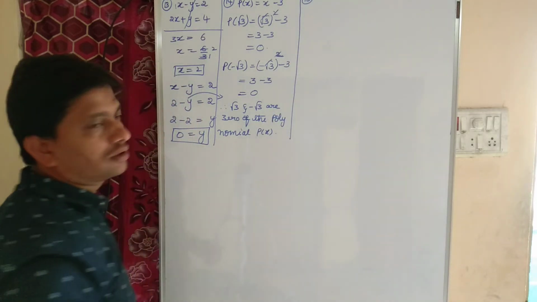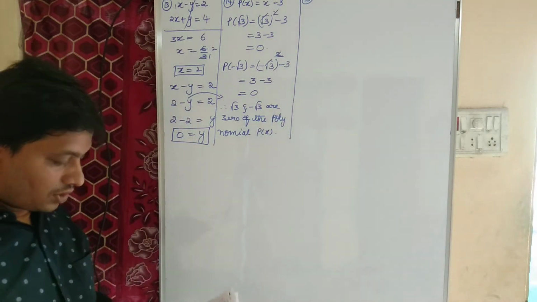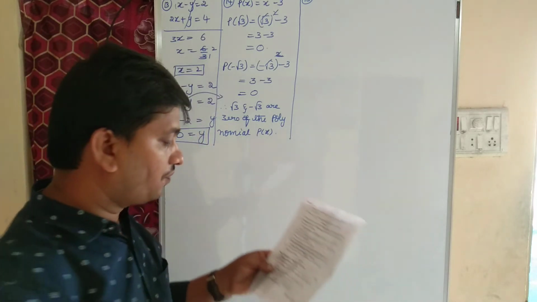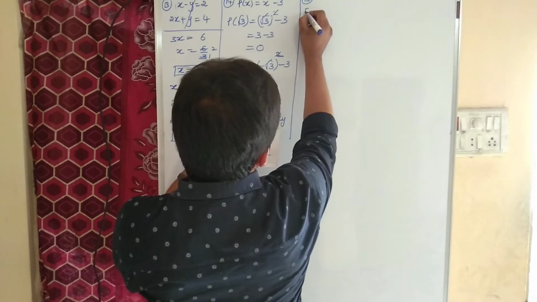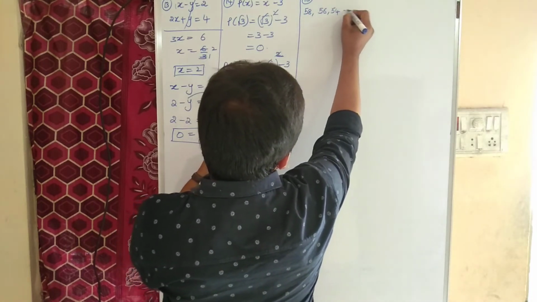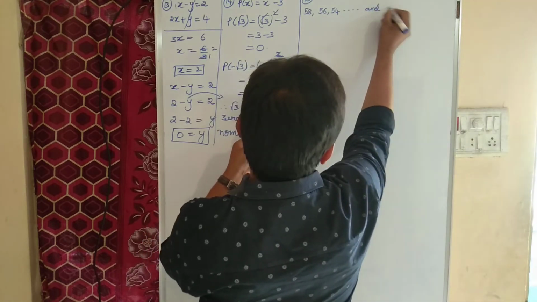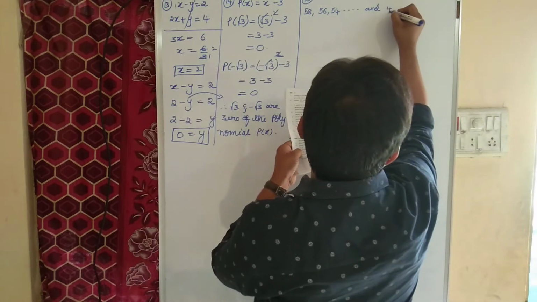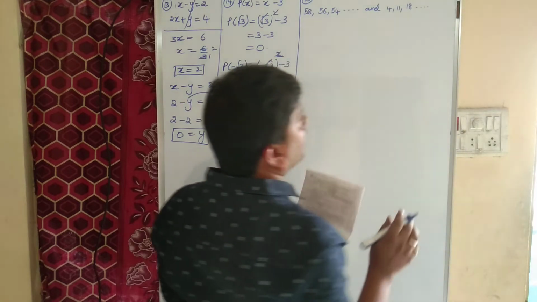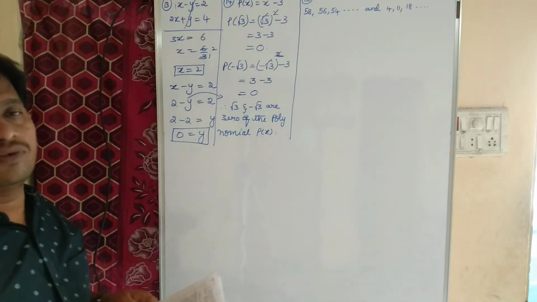Now coming to the 15th question. If the nth terms of the arithmetic progressions 58, 56, 54 and 4, 11, 18 and so on are equal, then find the value of n.